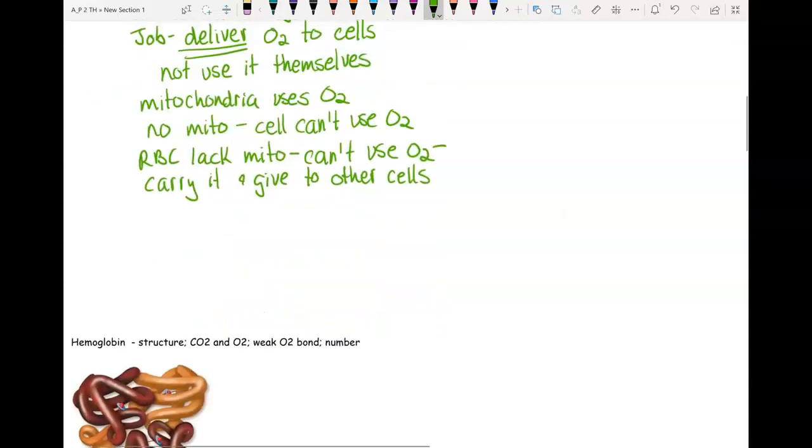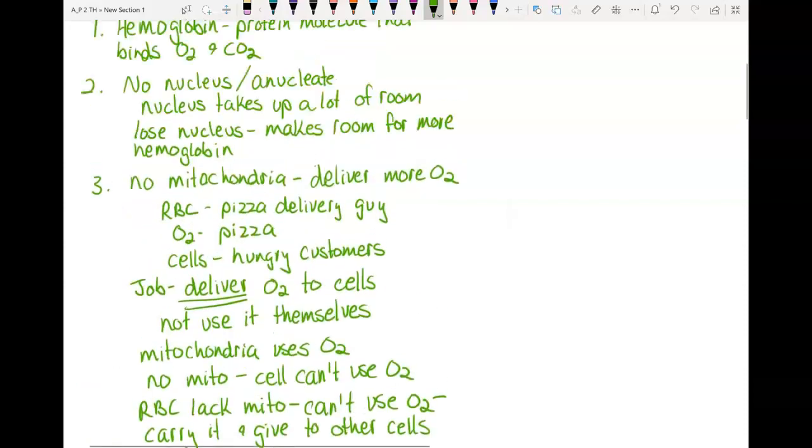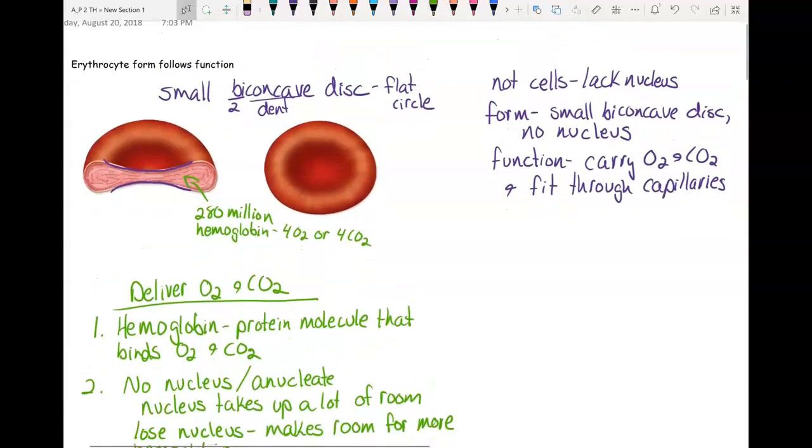And a fourth feature that goes along with delivering more oxygen is the shape, the biconcave disc. If we come back up here and look at the picture, notice how it's kind of flat. You've got oxygen in here. It has to get out, it has to get in. It has to get in and out quickly. Imagine instead if you had a sphere, a cell that was like a basketball. The oxygen would have further to go to get in or out.